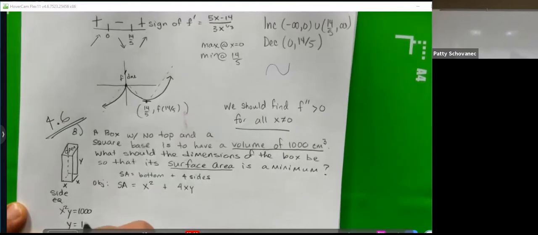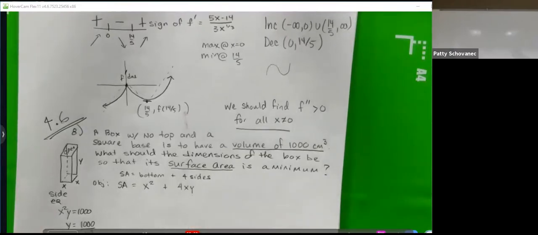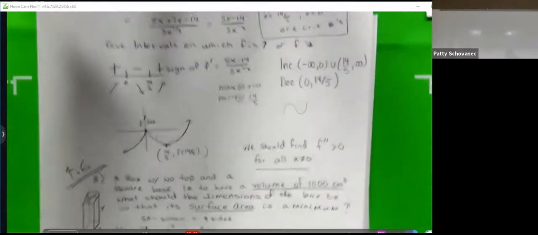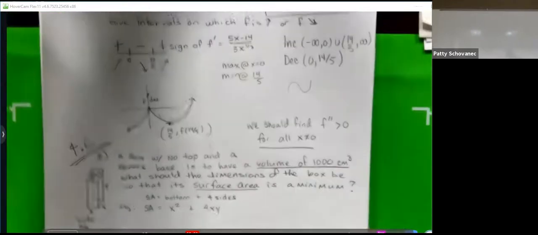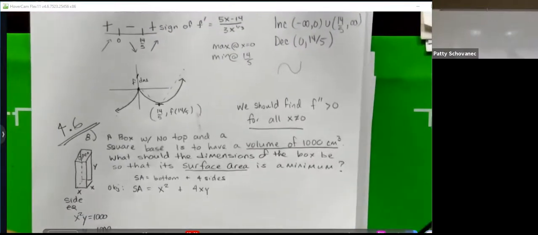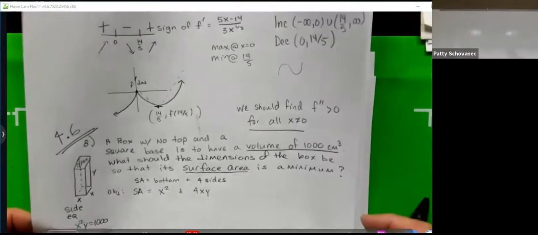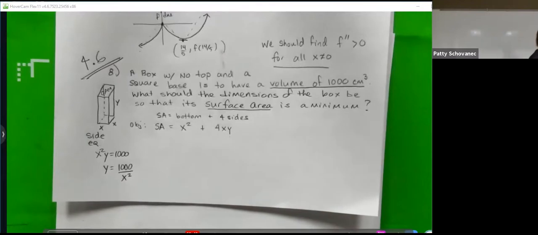Looks like Y is going to be 1,000 over X squared. So that's going to go here. And let's see what damage you can do to it from there. And we got that much room, so make sure you're efficient.